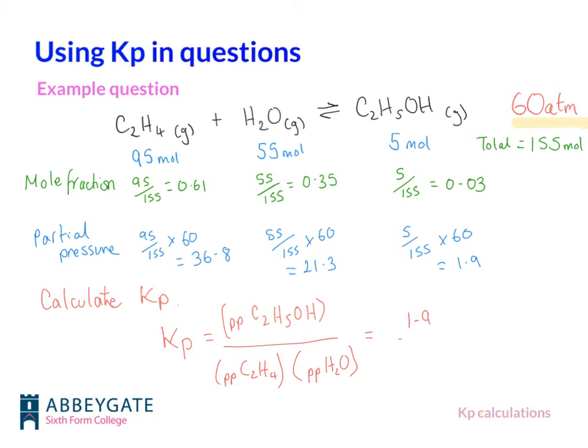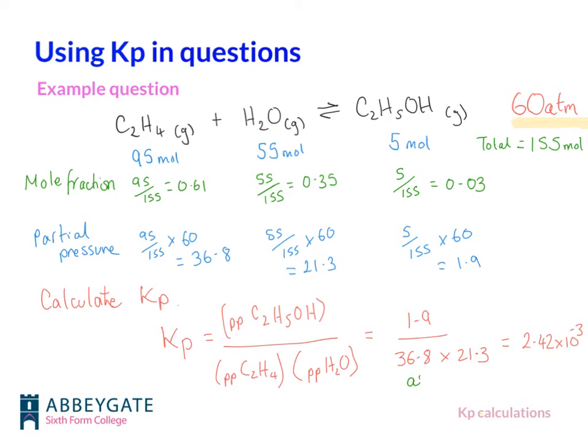And then we're just going to plug in the numbers that we've worked out for our partial pressures. So it's going to be 1.9 divided by 36.8 times 21.3, and that should come out as 2.42 times 10 to the minus 3.